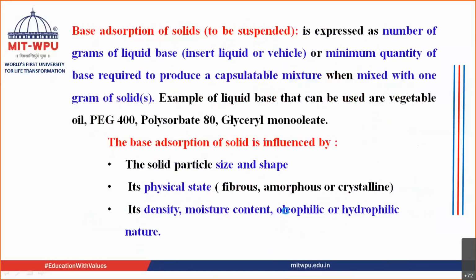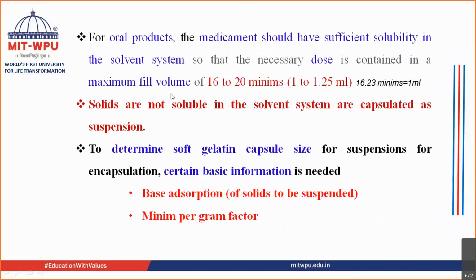Now when we talk about solution, supposing you are trying to prepare a liquid, then it is very important to know the quantity of material that can be filled inside the capsule shell. So you have a capsule shell, you have a size of capsule. How much amount of liquid or suspension can be filled inside the capsule?